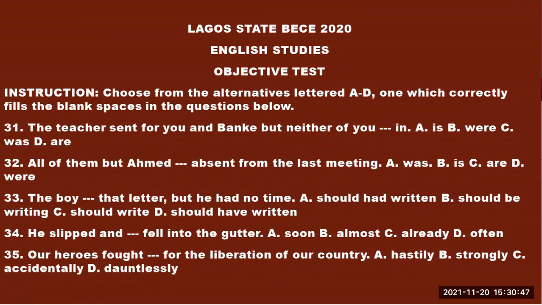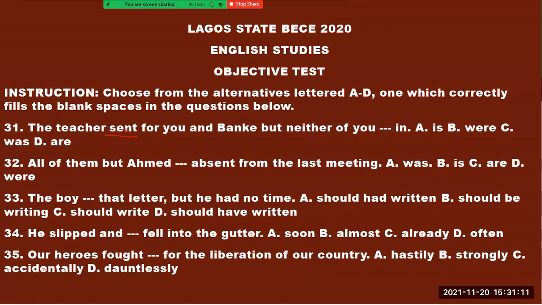Now we move on to question 31. The teacher sent for you and Banker, but neither of you dash in. A, is, would have been correct if the first verb were in the present tense, but here this is past.